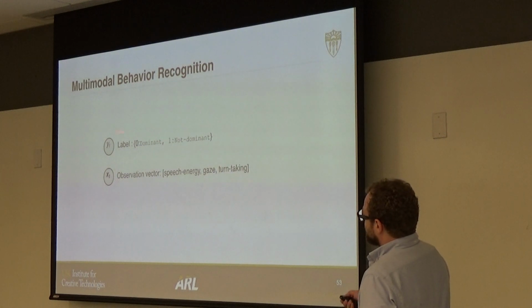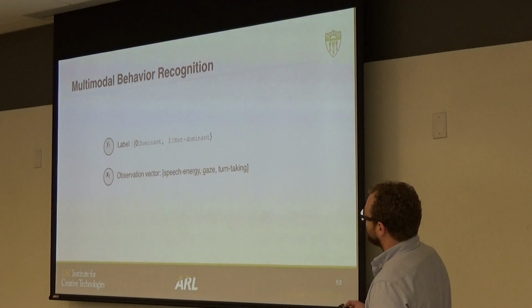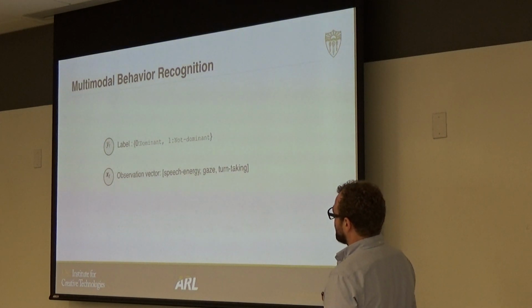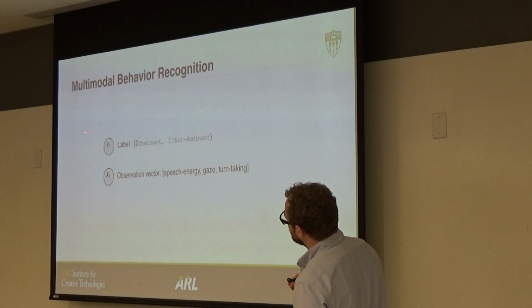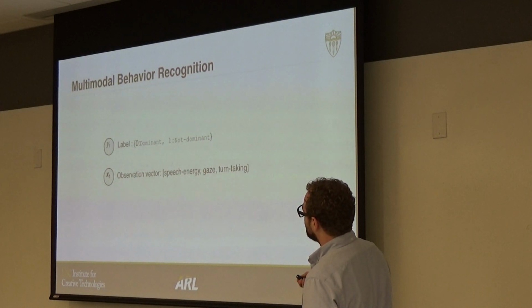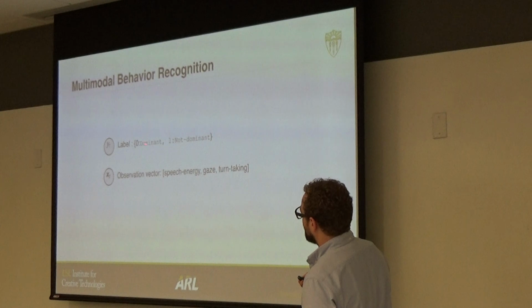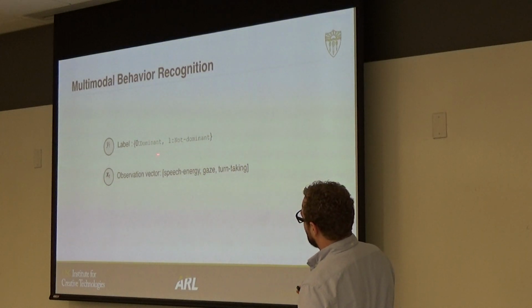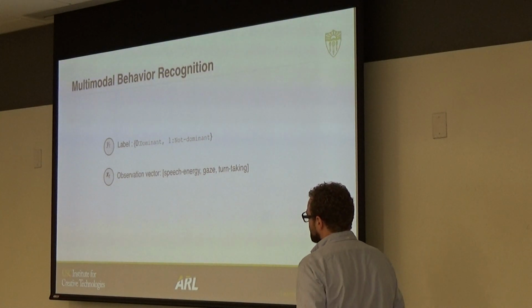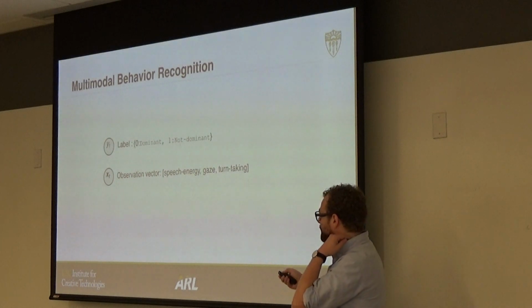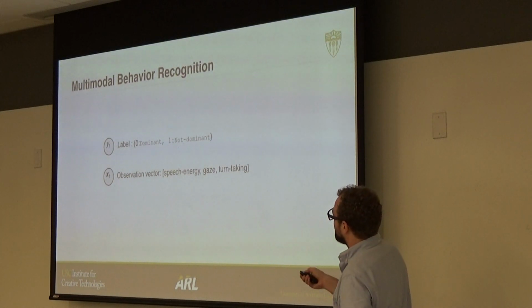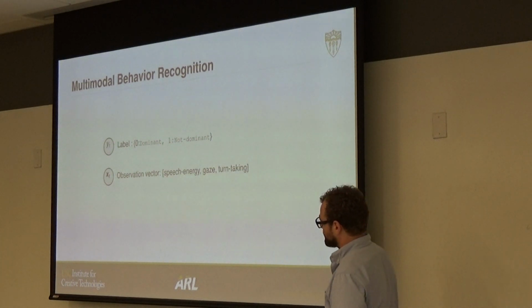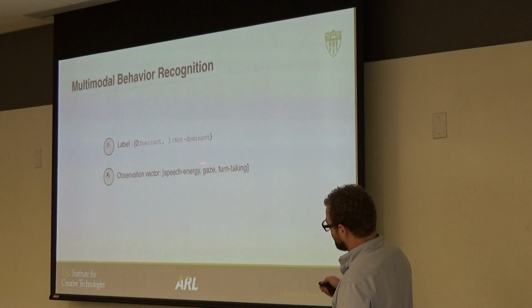Okay, so just for definition, basically what we want to do in multimodal behavior recognition is get at some label. For example, we want to separate dominant speakers from non-dominant speakers, so our label for dominant is 0, and for non-dominant is 1, and we observe different things.